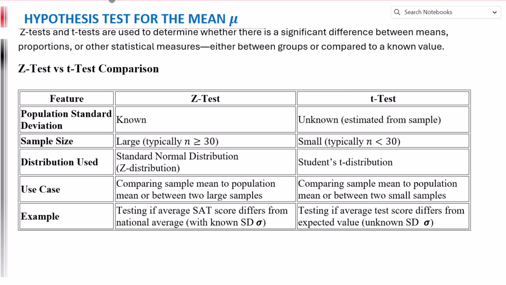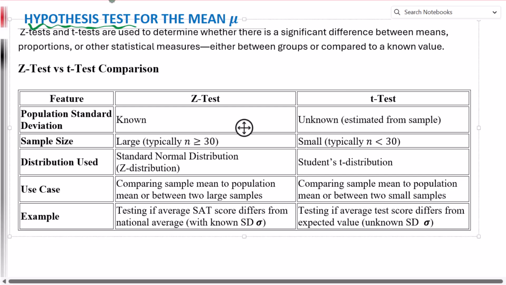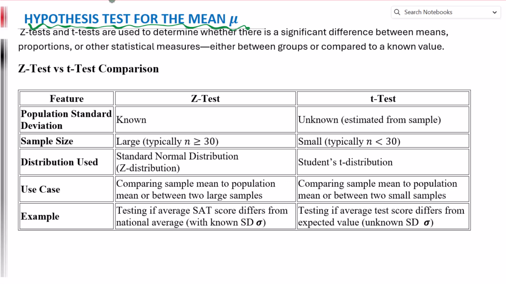This video is about hypothesis test for the mean mu. Z-tests and t-tests are used to determine whether there is a significant difference between means, proportions, or other statistical measures, either between groups or compared to a known value.